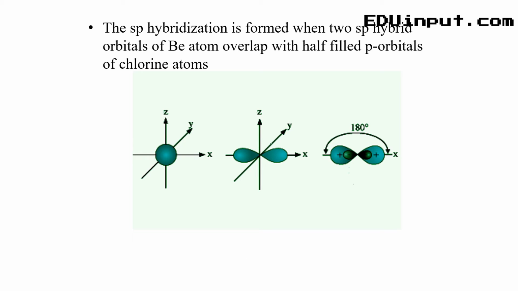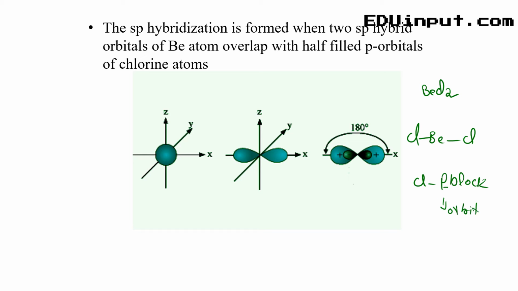Now, the bond is formed when two sp hybrid orbitals of beryllium atom overlap with the half-filled p orbitals of chlorine atom, because we are discussing BeCl2. According to the structure, we have beryllium atom in the center and two chlorine atoms attached with it. Chlorine belongs to the p block elements, where the last valence electron goes into the p orbital.